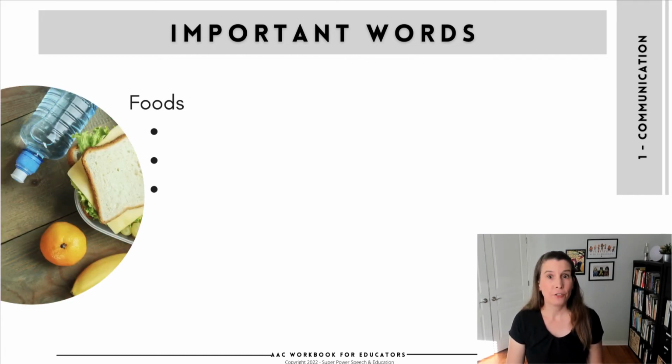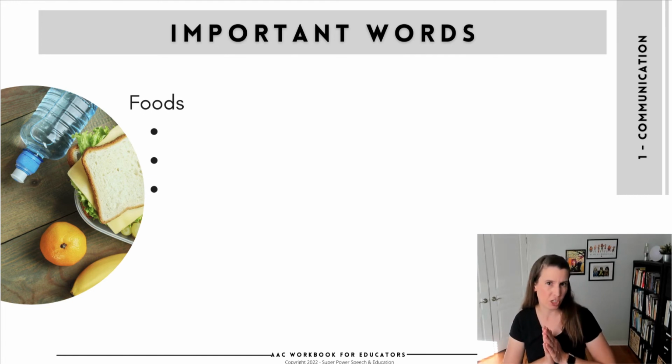All right, foods. Now, some of our students have very specific foods that they eat. Maybe they bring their lunch in and their snacks from home. If that's the case, then go ahead and list those here. If you have a student that's eating cafeteria food, then it's a little less clear, but you probably know the general routine of every second Thursday, they're serving chicken nuggets in the cafeteria and your student loves chicken nuggets.